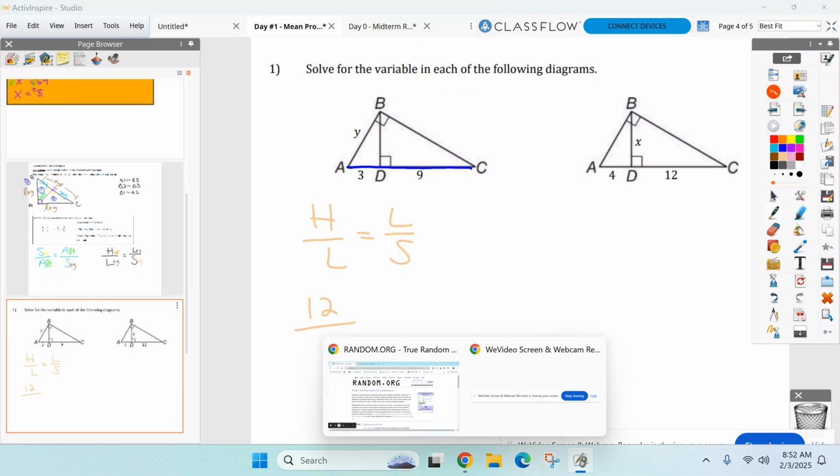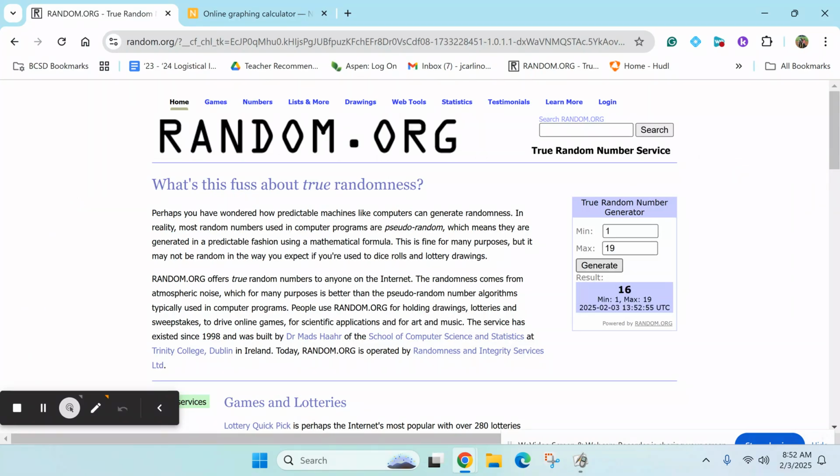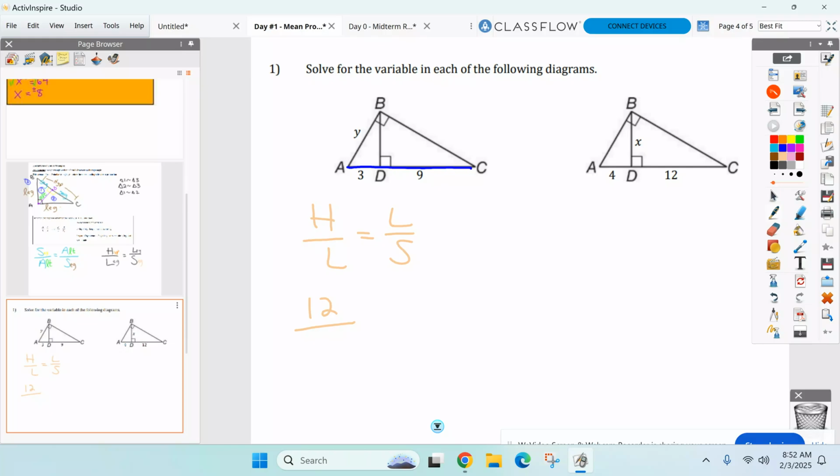L, what does the L stand for? Maddie, what's the L stand for? Leg. And there's 2 of them in the diagram: there's AB and there is BC. You take the one you have information about. Maddie, which leg do I have information about?